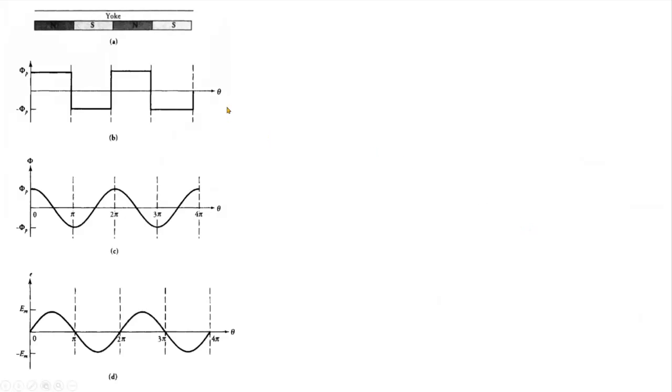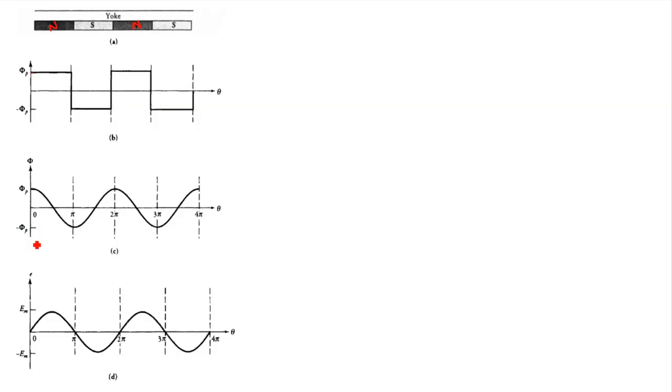Now if we see the flux produced by the magnets, the flux linkage and the induced EMF, they will look like this. Here is the 4-pole machine, with 4 poles, 2 pairs of poles. The flux produced by the poles is like this: at the north pole it is positive, at the south pole it is negative.